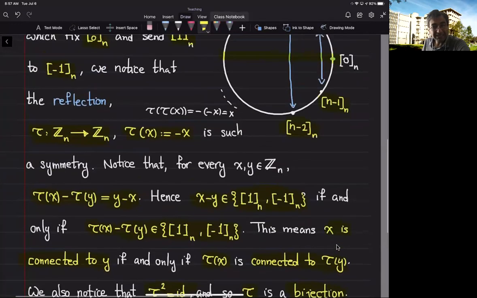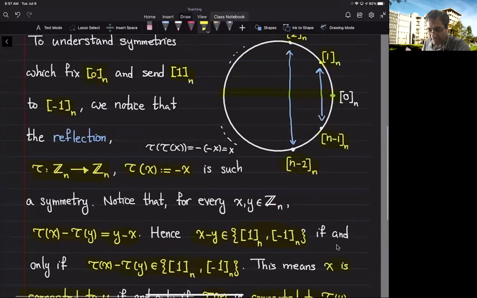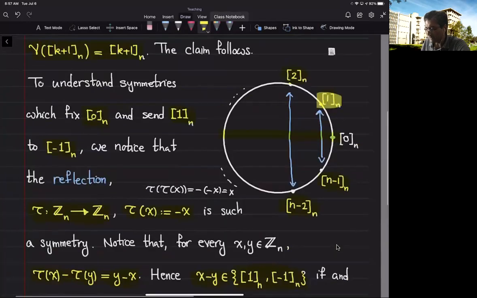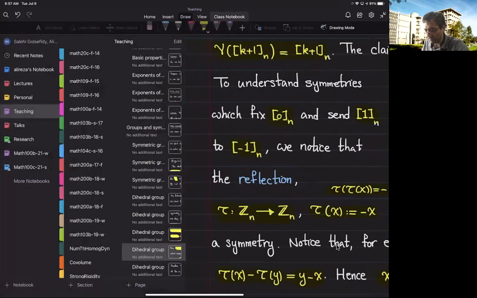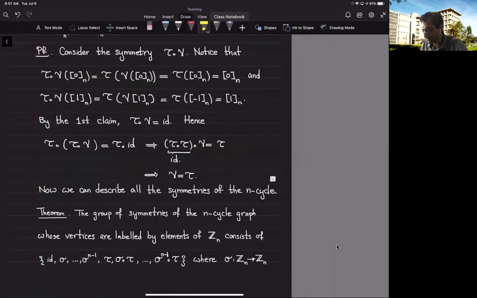Therefore, tau is a symmetry of the n cycle. And this is a symmetry that sends 1 to -1 and fixes 0. Now, our next claim is that any symmetry that sends 1 to -1 and fixes 0 is tau. There is a unique one, and that is tau. That's our next claim.